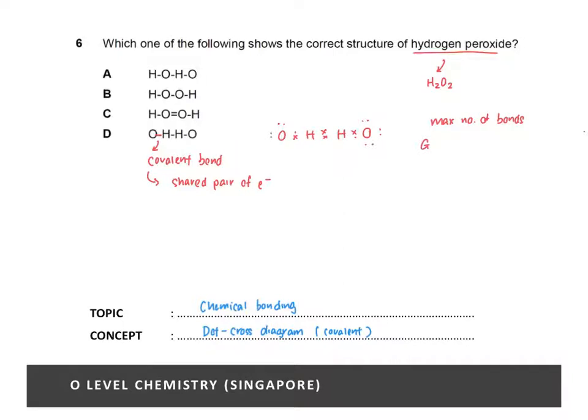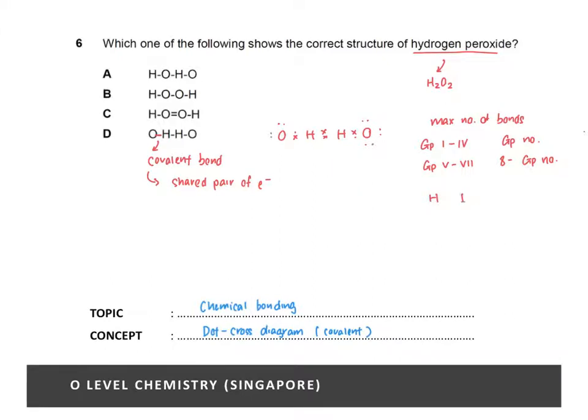For atoms in groups 1 to 4, the maximum number of bonds that it can form is equal to the group number. For atoms in groups 5 to 7, the maximum number of bonds that it can form is 8 minus the group number.